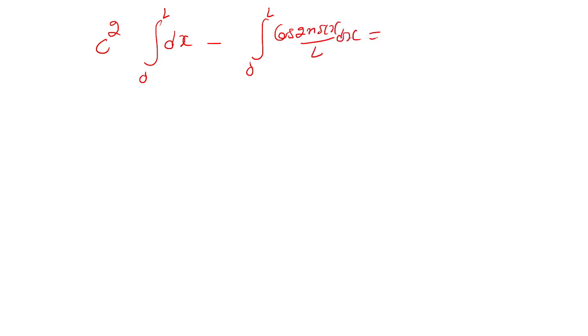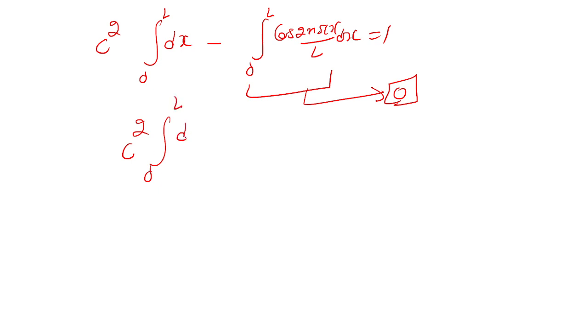Now solving this further, from 0 to L, the integral of dx minus the integral from 0 to L of cos 2 n pi x over L dx is equal to 1. This second term will be totally equal to 0, so it is neglected, and we get the integration from 0 to L, where L is the length of the whole box, is equal to 1.